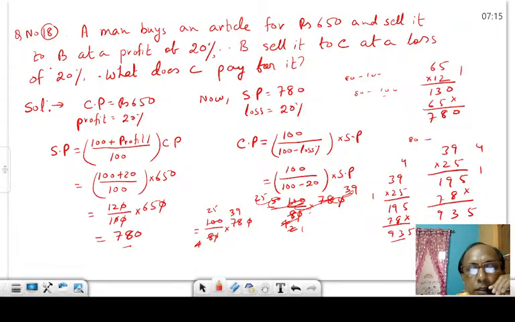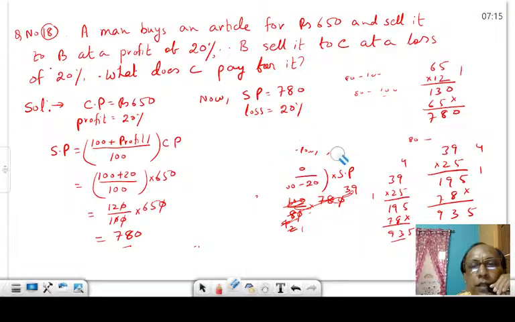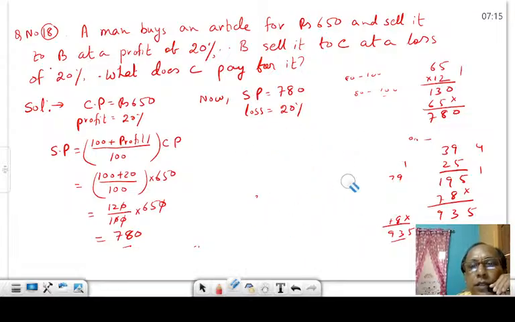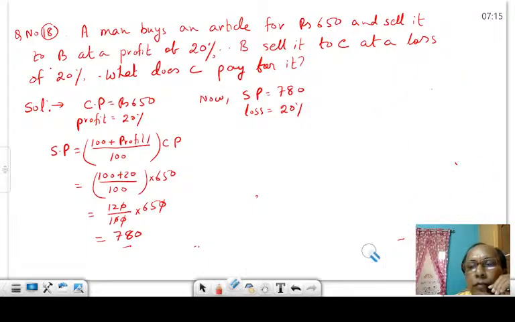Let us find it. This one is wrong. Let us find it this way. 780 is the cost, and loss is 20%, right?